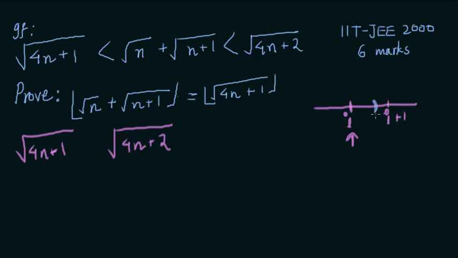Let me write down, this is root over 4n plus 1, and this would be root over 4n plus 1 plus 1. Okay, assuming root over 4n plus 1 is an integer, then we can clearly see that the greatest integer of root over 4n plus 2 would also be root over 4n plus 1, because the integer next to it on the left hand side is root over 4n plus 1.